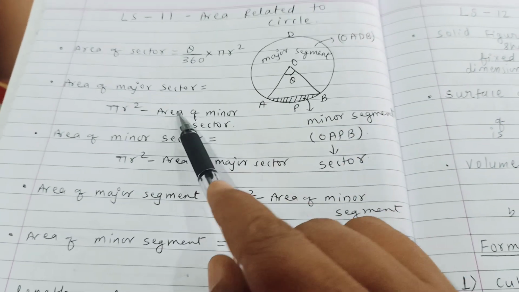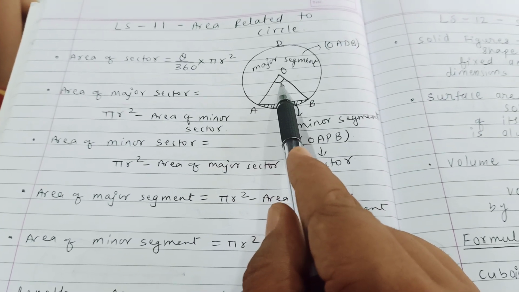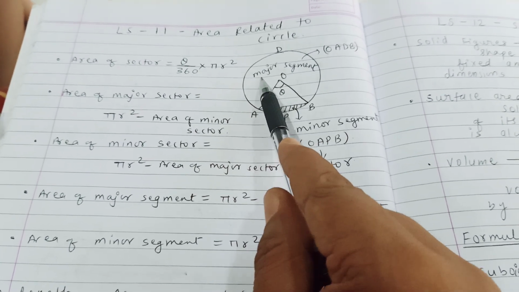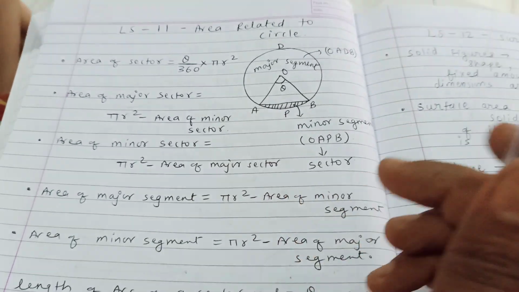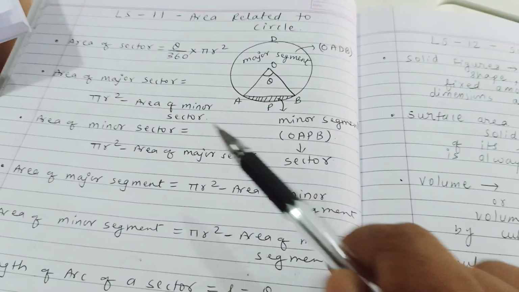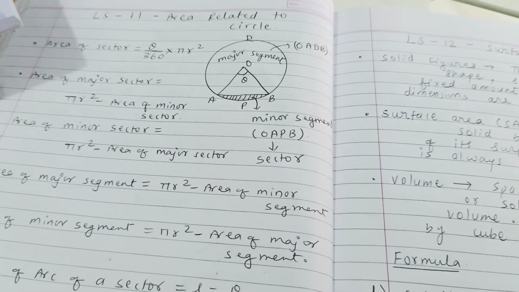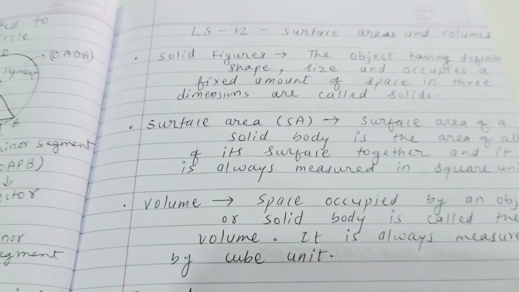Just like I have given you as a minor sector, theta is 90 degrees, okay. And if you have to find the major sector, you can take 270 degrees, so you will get the major sector also. Got it? If you don't want to apply this formula, then you can find it that way also. Clear this much? Yes. Next.